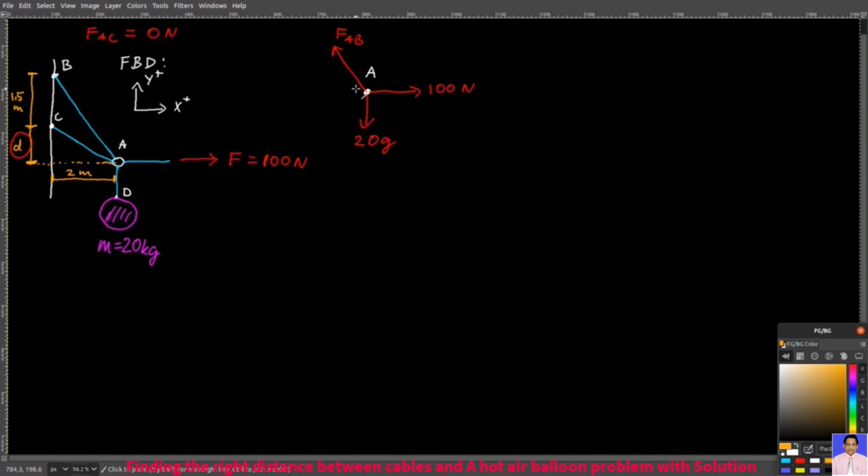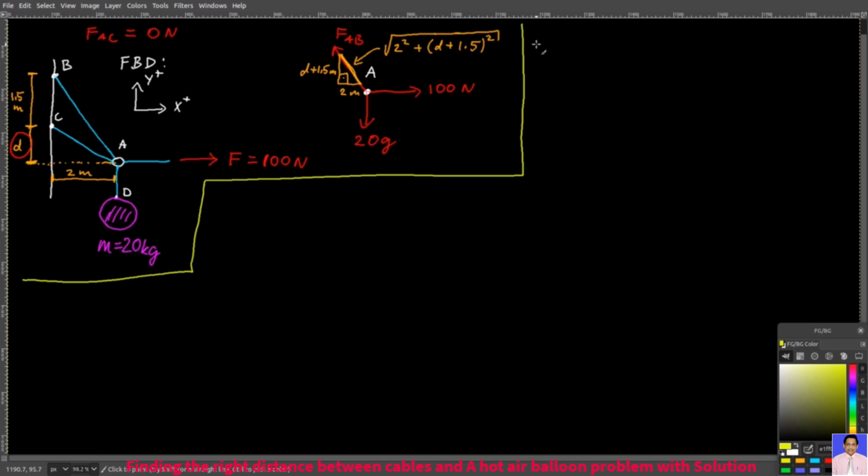And so in order to describe the direction of this vector, we can draw a right triangle here. From the dimensions here, you see that here you have 2 meters, and then the vertical part, that's D plus 1.5 meters. That means that this hypotenuse, that's this one here, comes from the Pythagoras theorem. And so now again, we will apply our equilibrium principle.